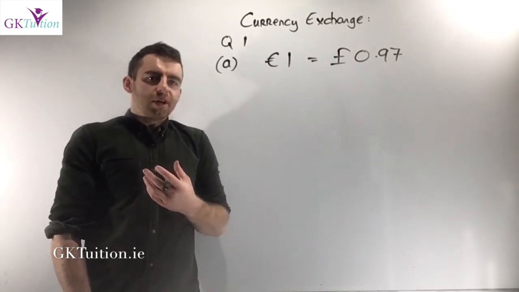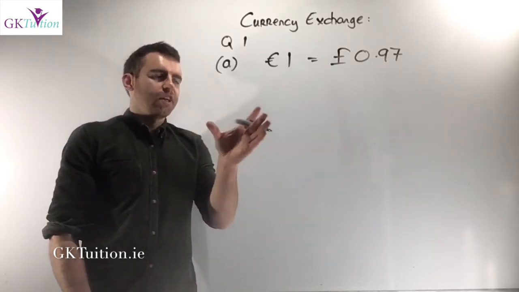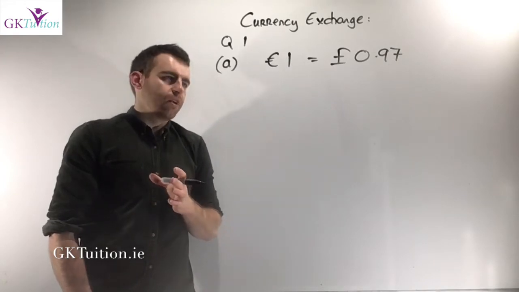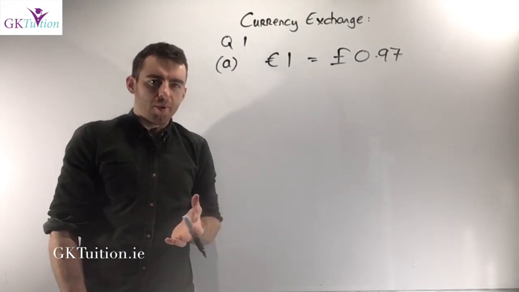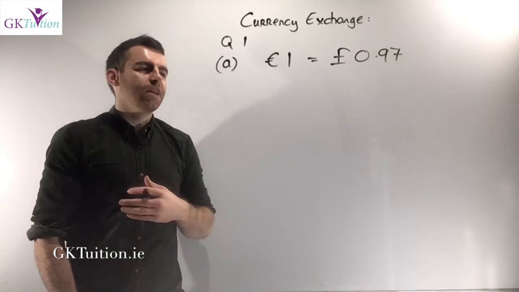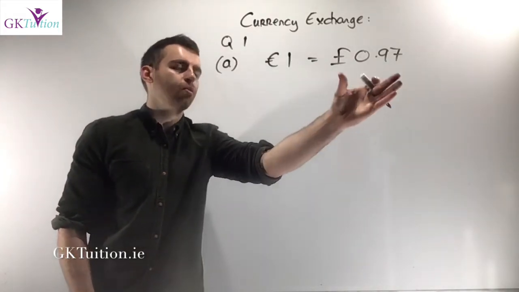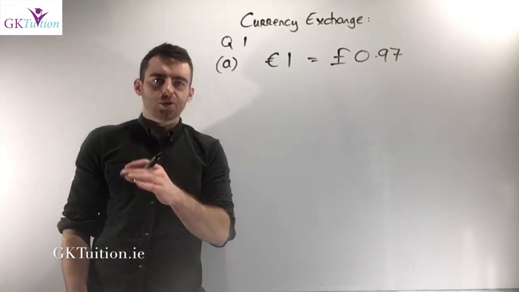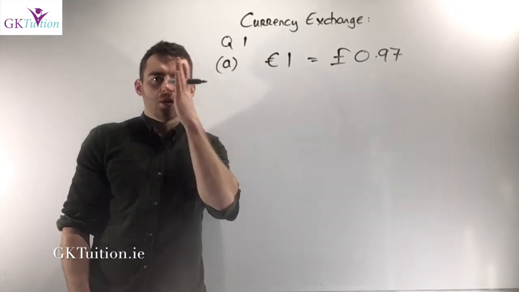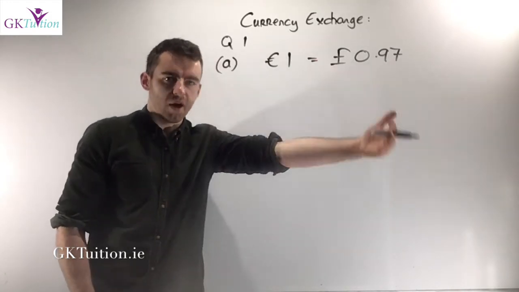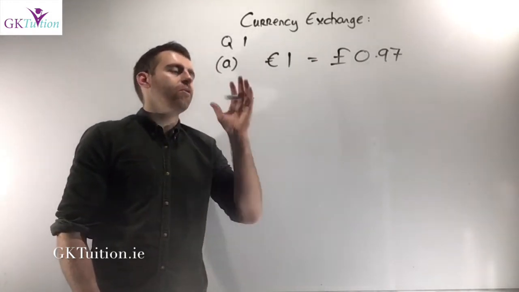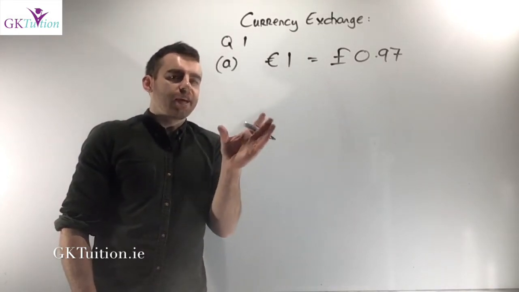First of all, I want you to realize the way that exchange rates are written. If you're in Ireland and you walked into a bank, exchange rates will tell you that €1 is equivalent to whatever amount of pounds, whatever amount of sterling. It'll always be €1 relative to the foreign currency. If you were in the United Kingdom, it would be the opposite.